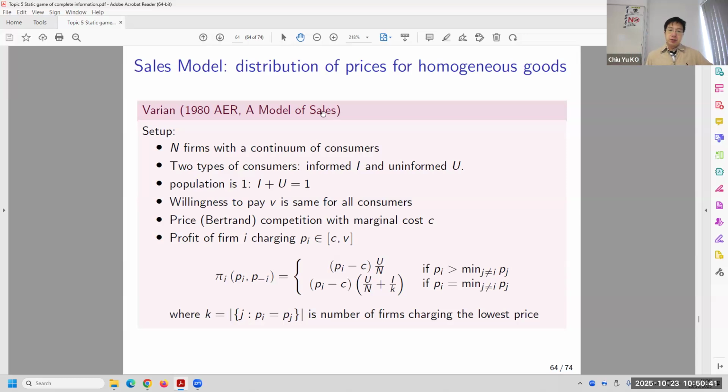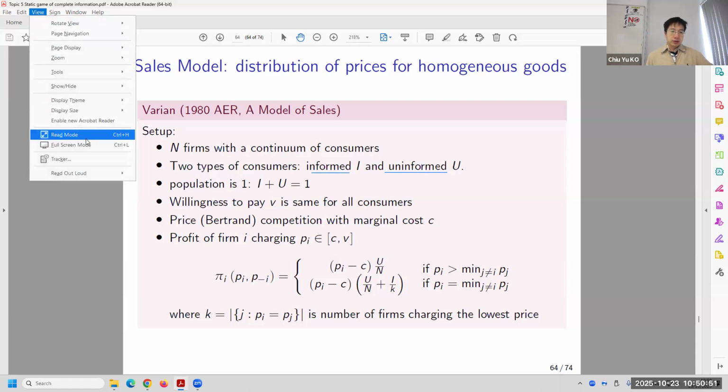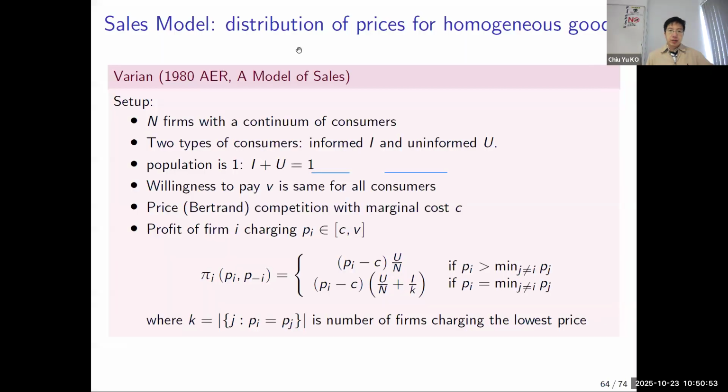So here, two types of consumers. One type is informed, the other type is not. Okay. You can imagine informed are people who have very low search costs, right? Basically, they don't have too much time cost, or they are willing to search around.